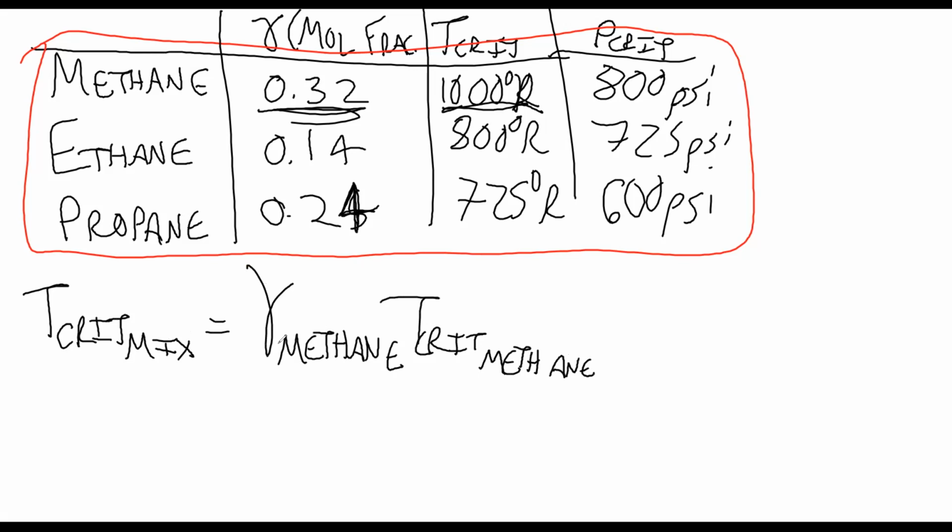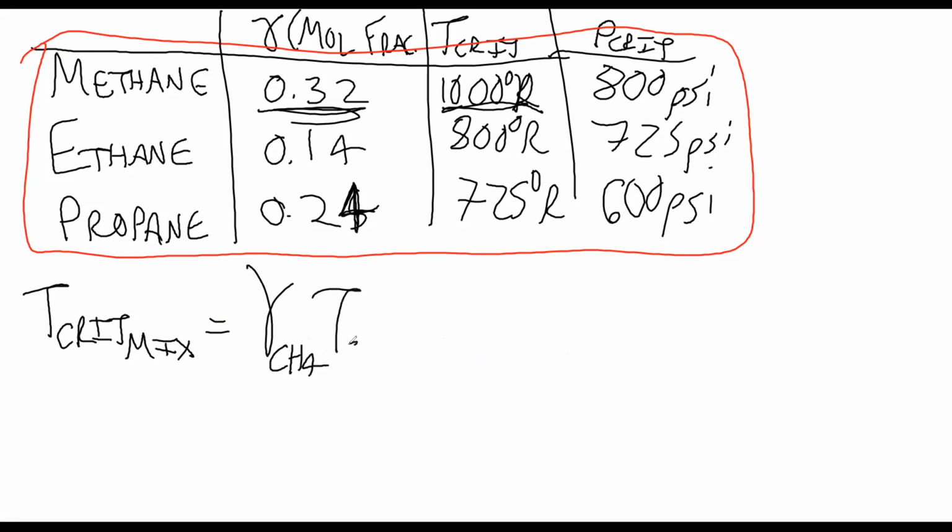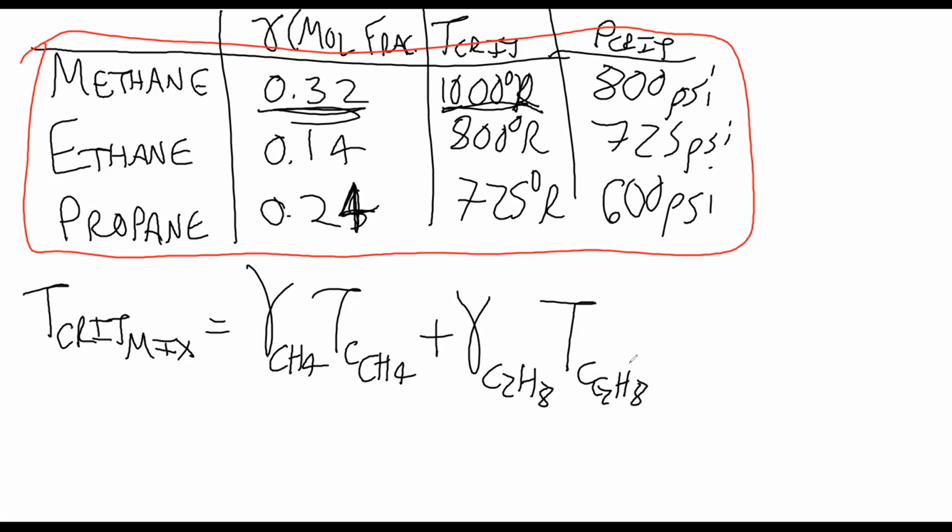It's going to be way too long, so I'm going to start abbreviating. Then add to that critical temperature of ethane times mole fraction of ethane. Mole fraction of propane times the critical temperature of propane.